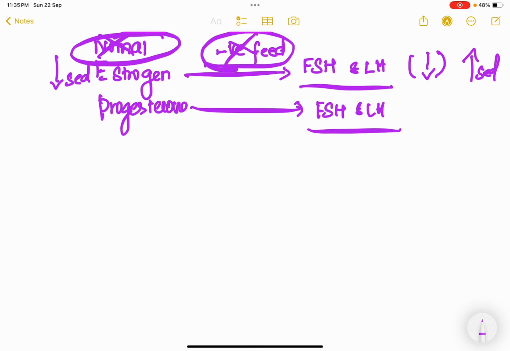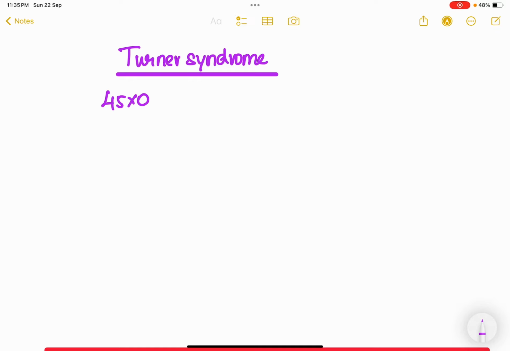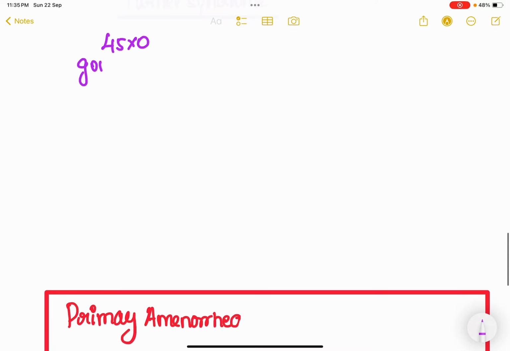Is that clear? Yes. So ideally in any patient with Turner syndrome, the karyotype is going to be 45XO and the gonad is going to be streak ovaries. And these streak ovaries are not malignant. As we have discussed, estrogen is decreased.